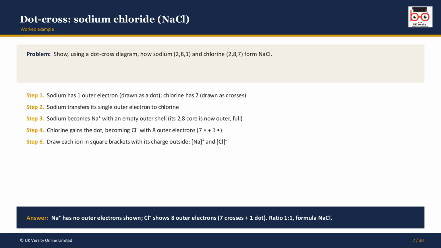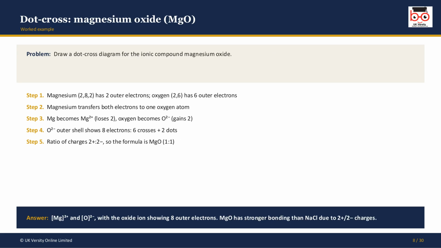Sodium becomes a sodium plus ion, its outer shell now empty, with the full 2, 8 core beneath. Chlorine gains that dot and becomes a chloride ion with 8 outer electrons, 7 crosses, and 1 dot. We draw each ion in square brackets with its charge outside, and since they combine 1 to 1, the formula is sodium chloride.